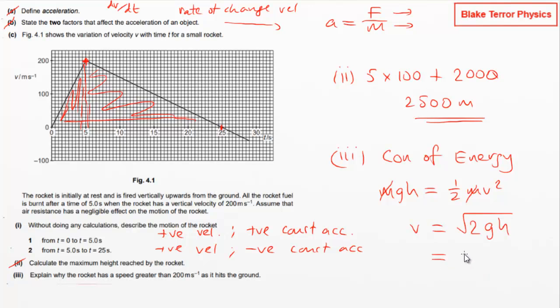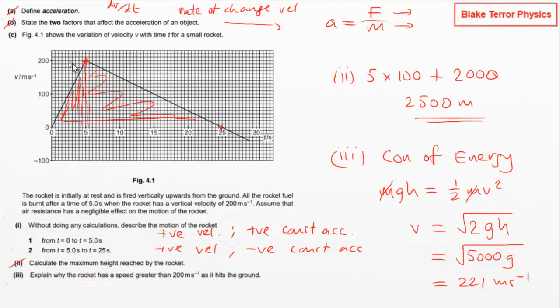So v is the square root of 5,000 g, which is, well, it's going to be more than 200. So let's put all of this in. We've got 5,000 multiplied by 9.81 equals that. The square root of that is equal to 221. So that's 221 meters per second. So you could put it at that.